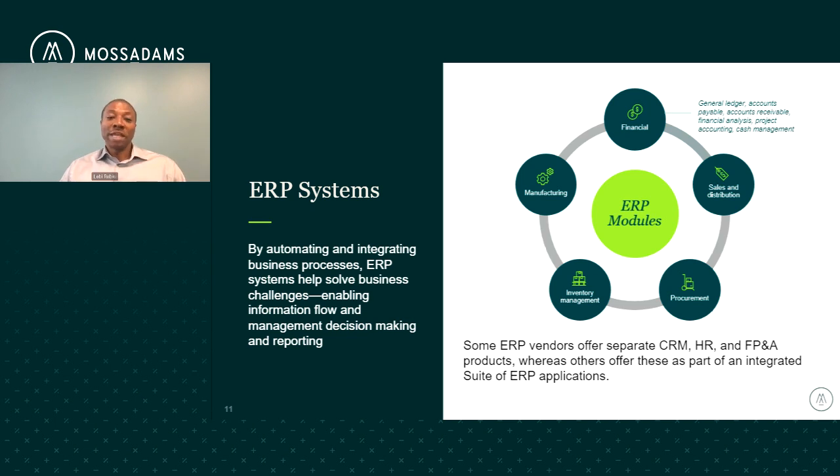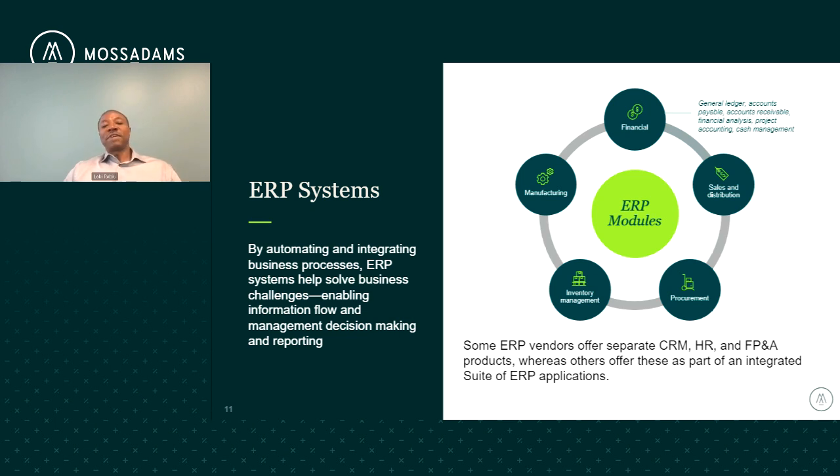They enable decision-making for management and provide reporting for not just statutory compliance and management decision-making, but also for related parties that may need reports from them. And reporting is especially relevant for life science companies who typically work with many outside entities like contract manufacturers and distributors to get their products to the marketplace.